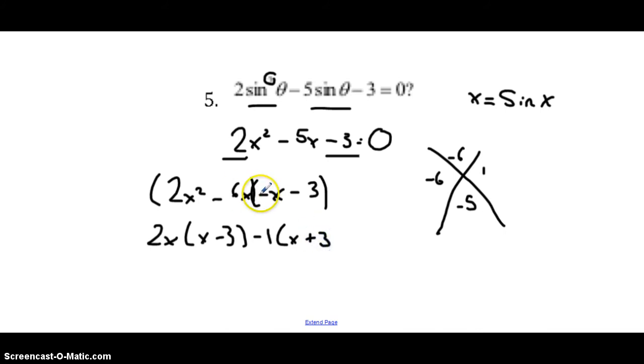Oh, sorry, that was supposed to be, oh, that's +1, my bad. So we just factor out a 1. And so we get 2x plus 1 and x minus 3. All right. Sorry. All right, from here, remember, we just have to replace what we know.